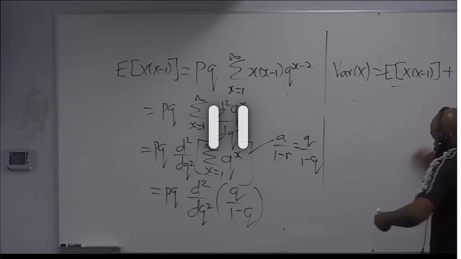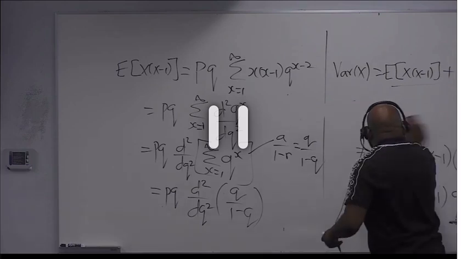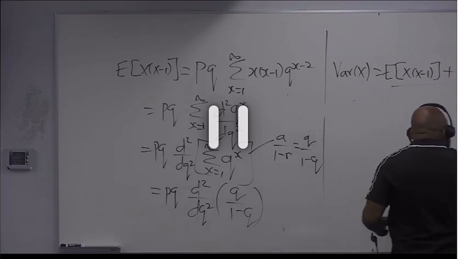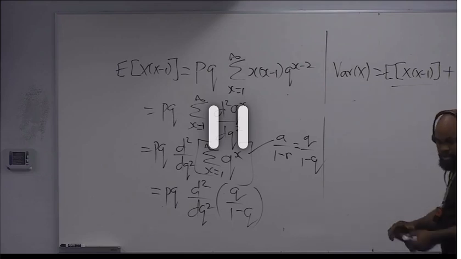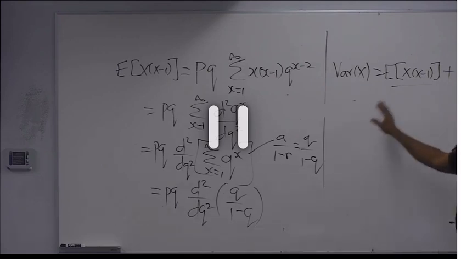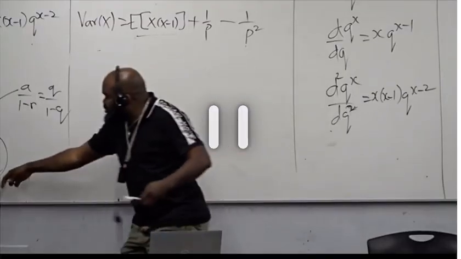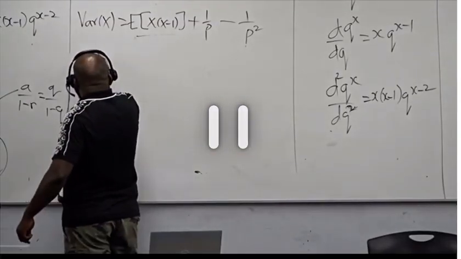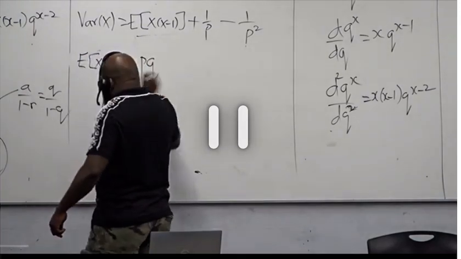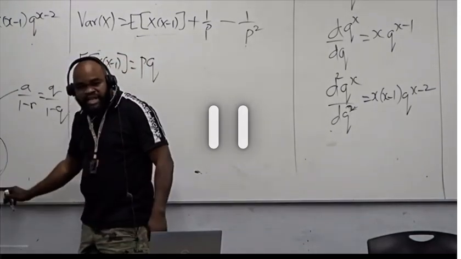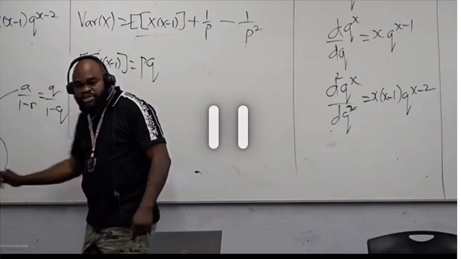Pay attention. This is where we're heading. Whatever we get, we're going to plug it in here and simplify. So, for expectation of X into X minus 1, PQ, I want to differentiate this first time, then the second time, using the quotient rule.